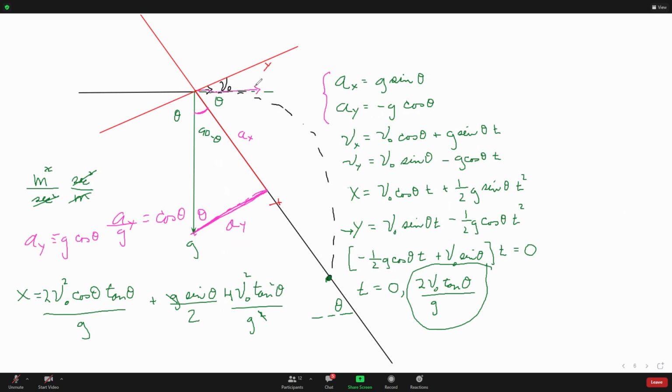Here's my V0 vector. Its projection on the y-axis is here, and its projection on the x-axis is here. So V0y is this distance, and this distance right here is V0x. Now, what are they, given the angle theta? Well, this angle right here is 90 minus theta, which means that that angle right there is theta. So you can do it in terms of theta or in terms of 90 minus theta.